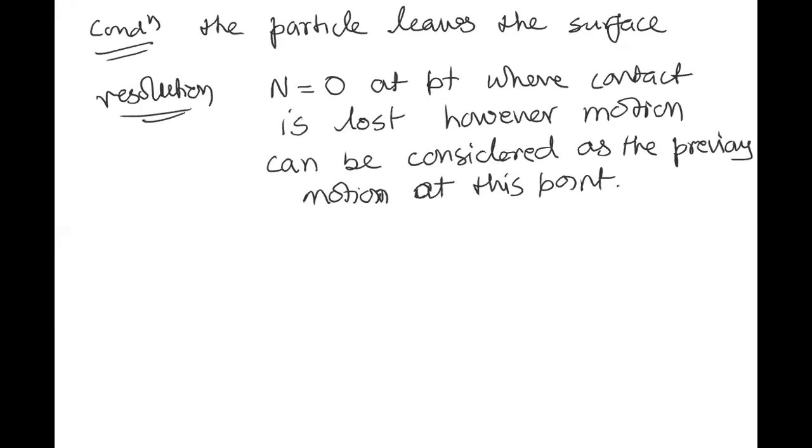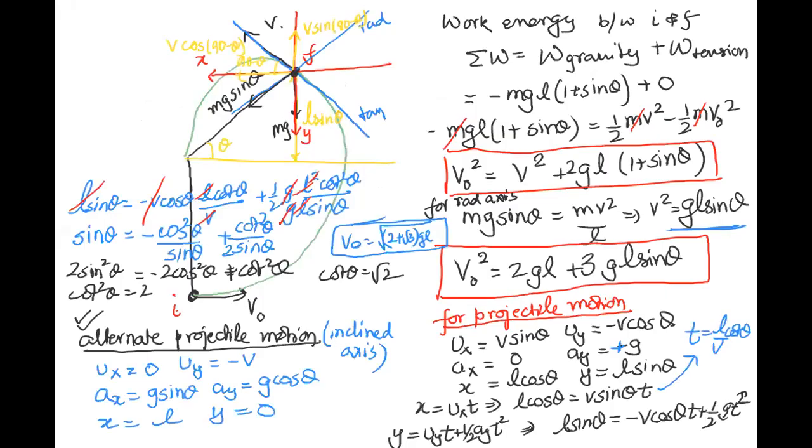It is just like saying that in this problem यहाँ से लेके यहाँ तक सर्कुलर मोशन हुआ. यहाँ पे टेंशन 0 हो गया, इसके बियॉन्ड प्रोजेक्टाइल मोशन होएगा. लेकिन just at this point you can say that tension is 0 and circular motion is there, and therefore you get this equation.